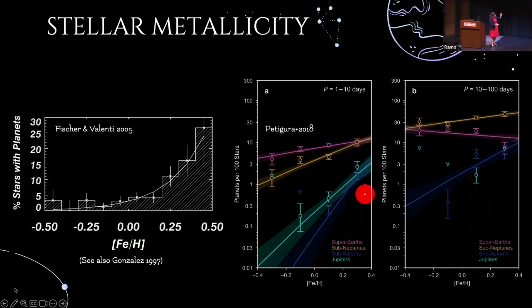So this is the strongest correlation here for Jupiters, and then you get the sub-Neptunes, and then you get the super-Earths. So this is for short period, and this is for intermediate period. So whatever is controlling the relationship between stellar metallicity and planets is weaker and weaker and weaker for smaller and smaller planets. That's interesting, because that tells us something about what that mechanism must be.